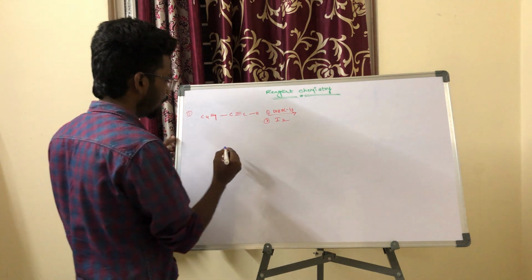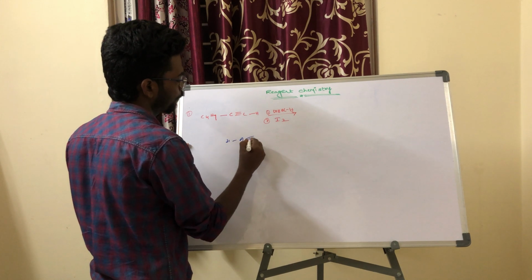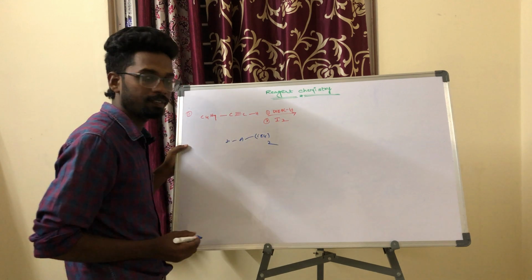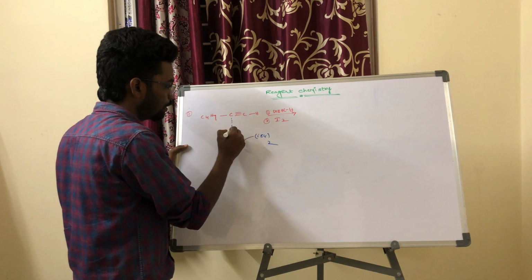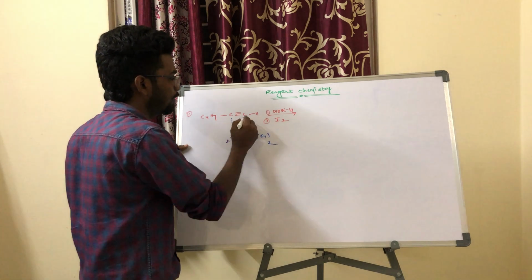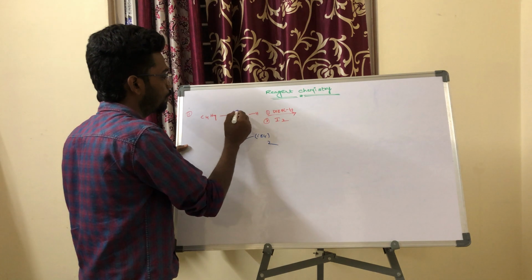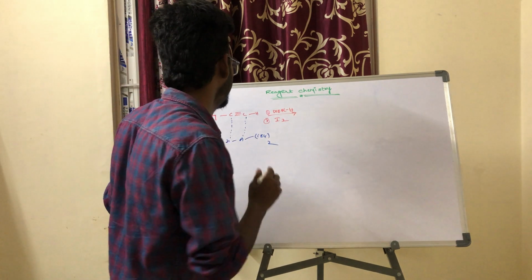DIBAL-H is nothing but you will write it like this, iBu2AlH, right? So the hydrogen will attack at this place, and this hydrogen will attack there. Electrons are moving in this way, so the hydrogens attach.